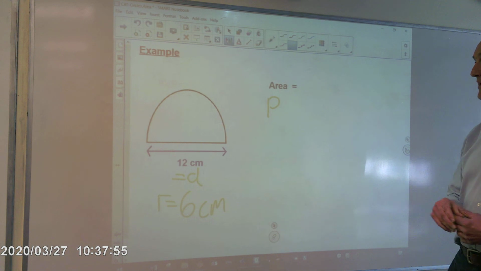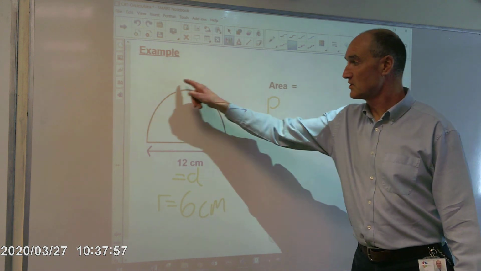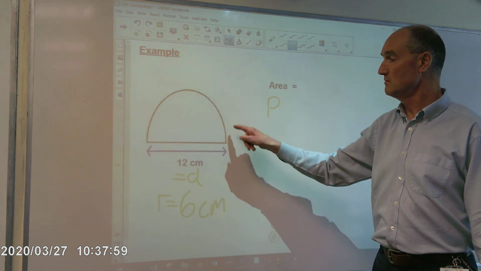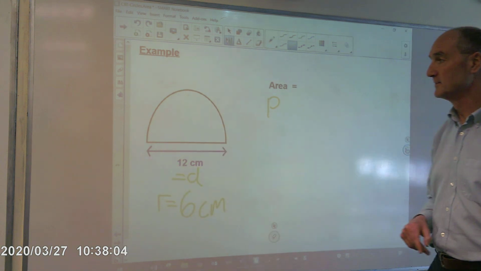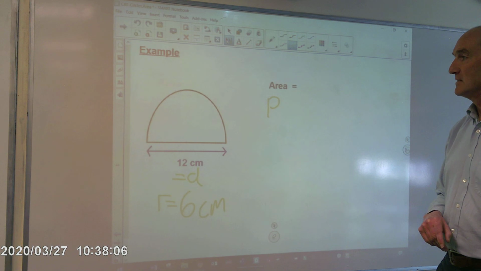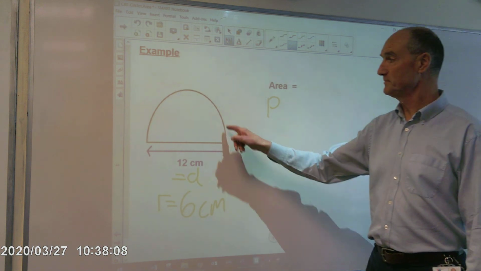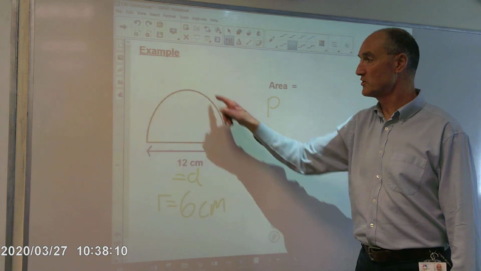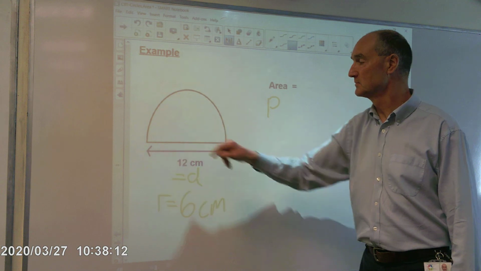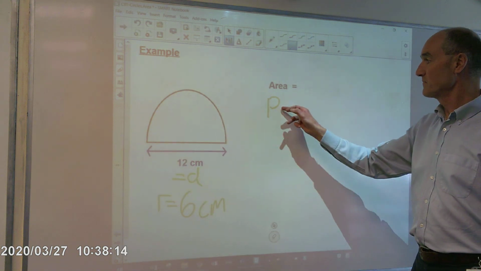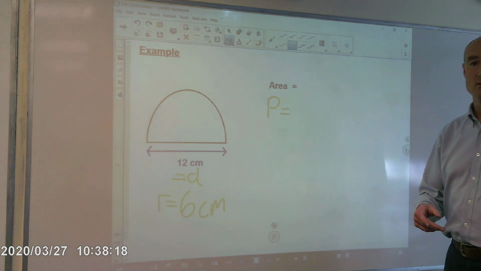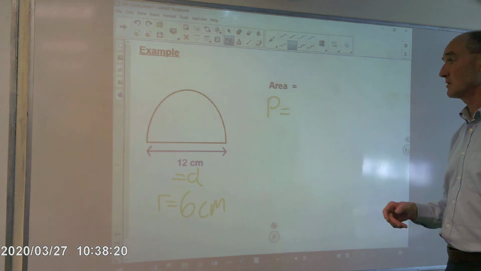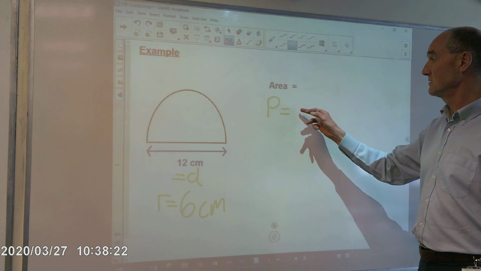The perimeter of that shape is going to be the length of this curved section added to this straight section. Now that curved section, this is a semicircle, it's a half circle. So what did we say the circumference of a whole circle is? Pi d.